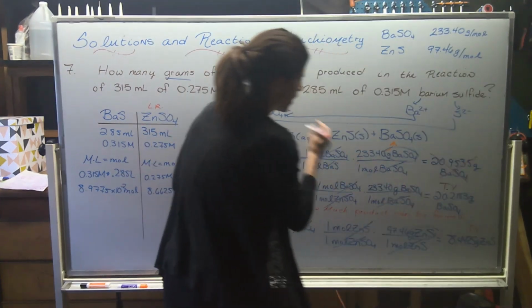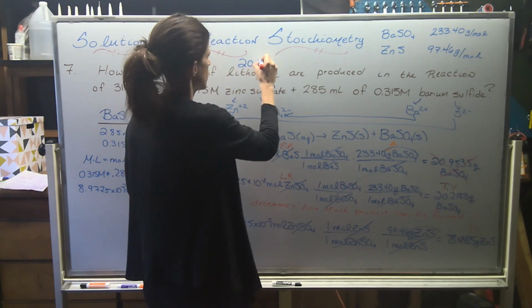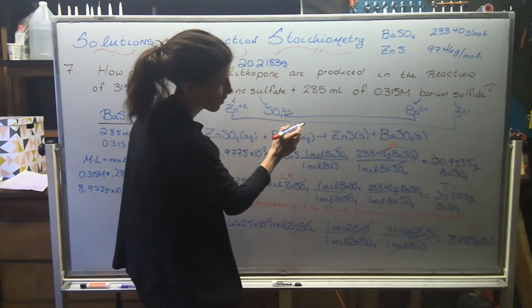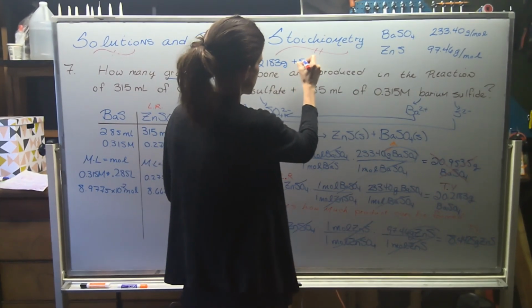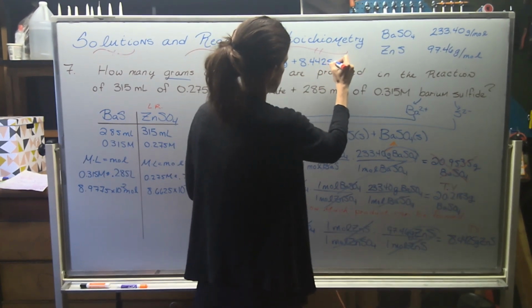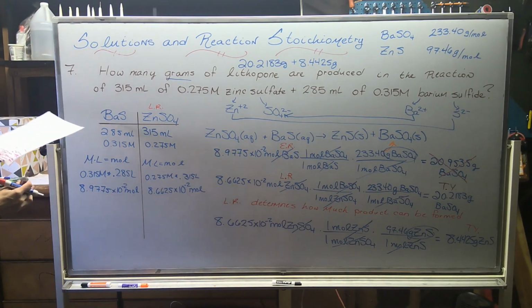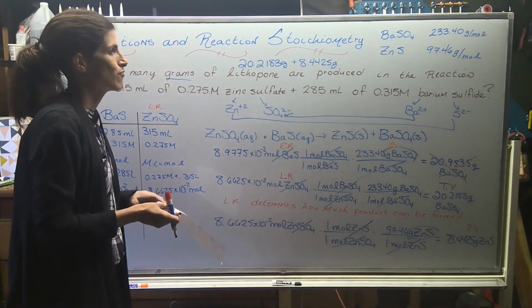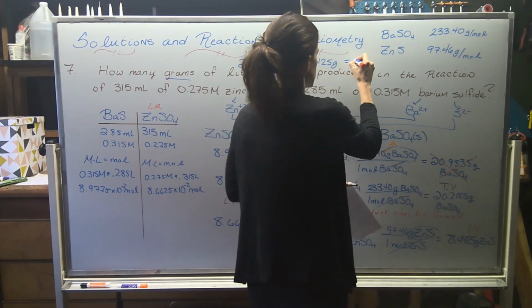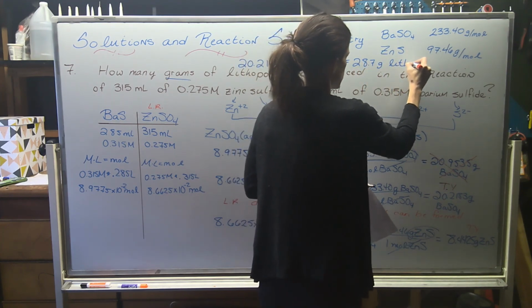So to finalize my answer here, I'm going to do 20.2183 grams of barium sulfate plus 8.4425 grams of zinc sulfide, and that's going to give me a total of, I rounded it to 3 sig figs, 28.7 grams of the lithopone pigment.